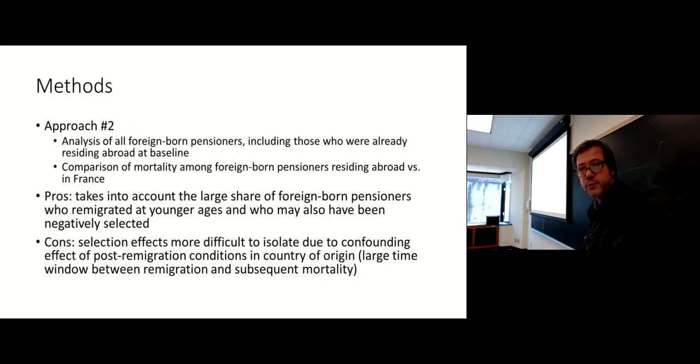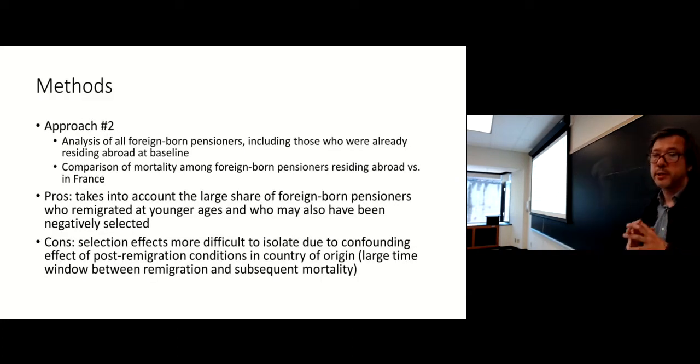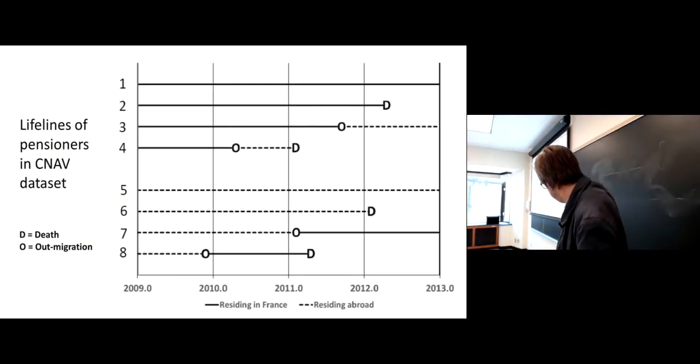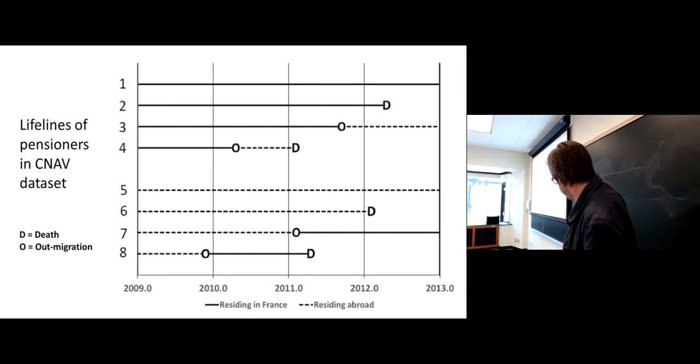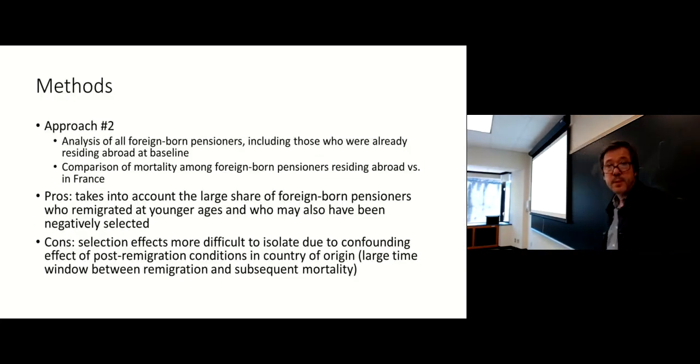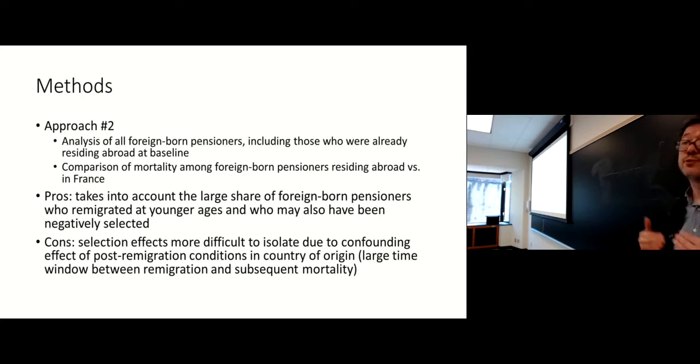So this is why we're also using a second approach where we're looking at all the foreign-born pensioners, regardless of where they reside at baseline. We're looking at this whole sample, and we're comparing mortality abroad versus mortality in France for these immigrants. We're comparing the mortality among the foreign-born pensioners residing abroad versus in France. Is residing abroad associated with higher mortality than residing in France?